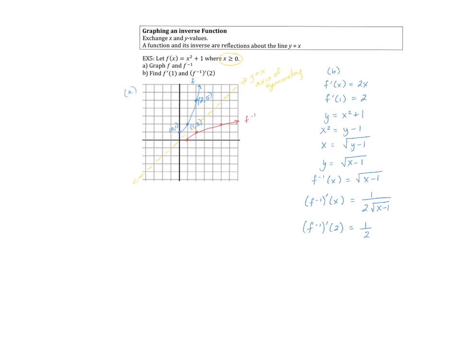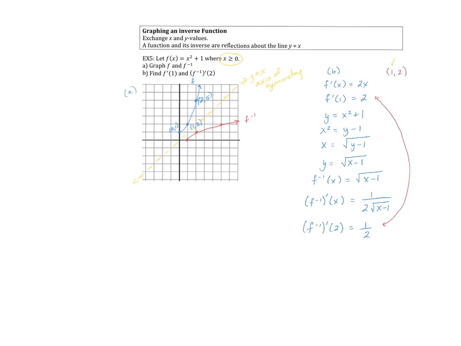Okay, so remember, to go from a function to its inverse, you exchange the x's and y's, which means geometrically we're flipping across the line y is equal to x. So what do you notice about the derivative? Now remember, this point on my function was the point 1, 2.